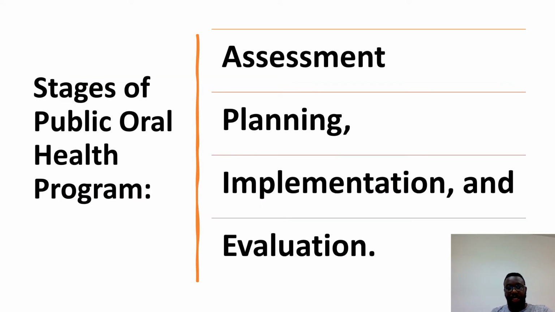Okay, thinking about the stages as well in your planning, you're trying to execute an oral health program for the public or for your community. So there are about 4 stages you need: you need to do assessment, you need the planning, you need the implementation, and the evaluation stage.